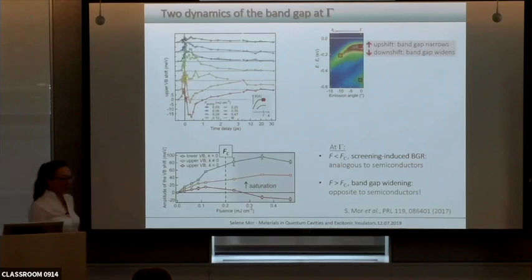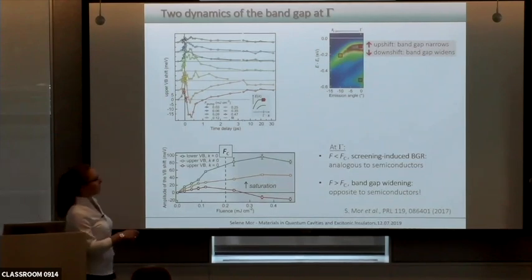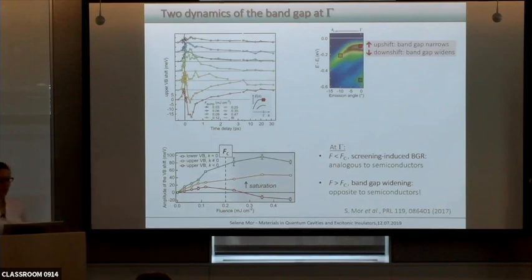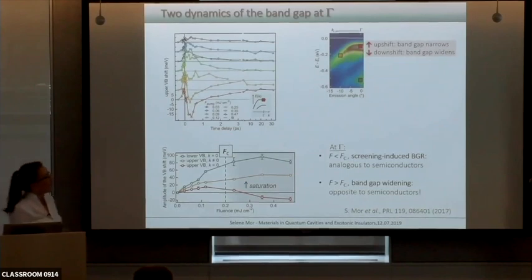But you will agree that this dynamics is rather abrupt, and also this is not deconvolved with the temporal resolution, right? That's right.